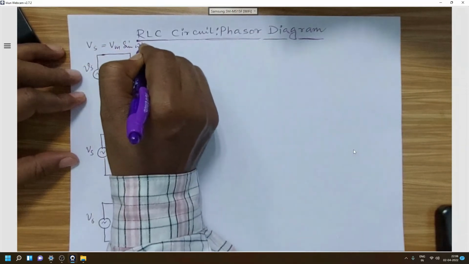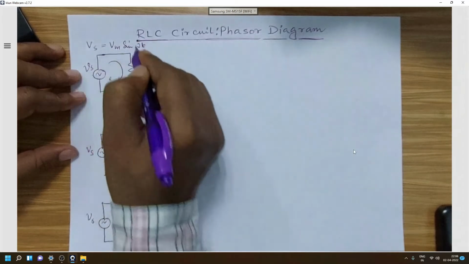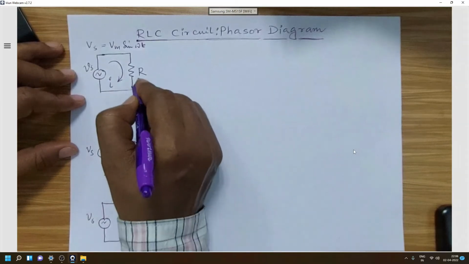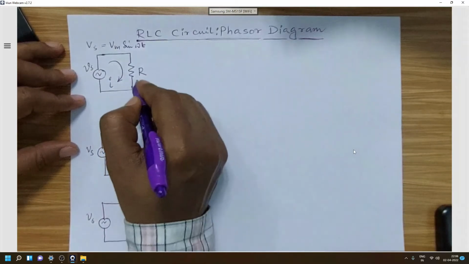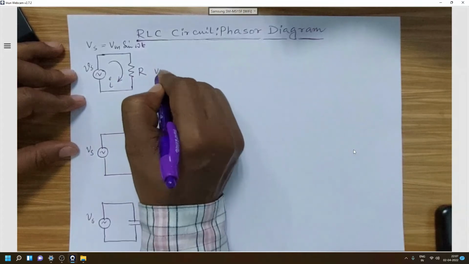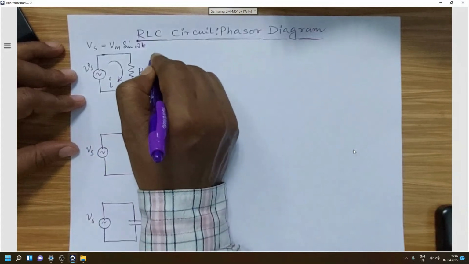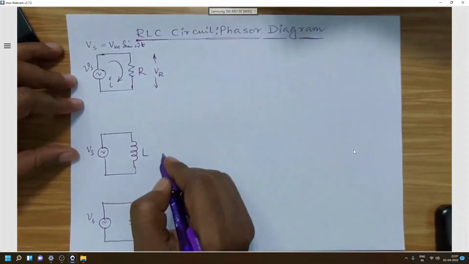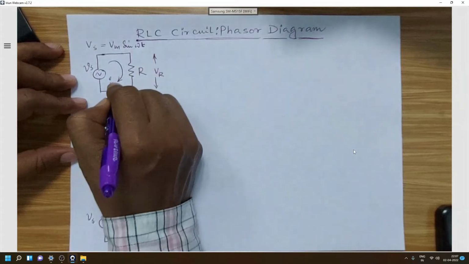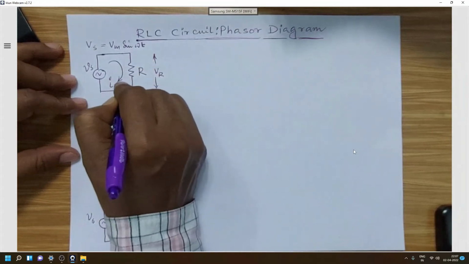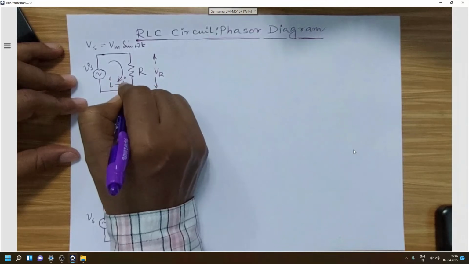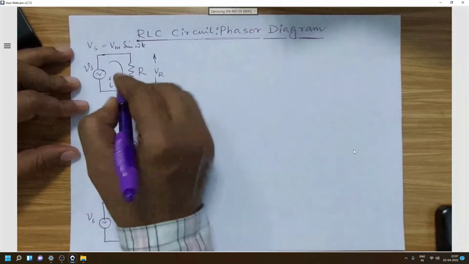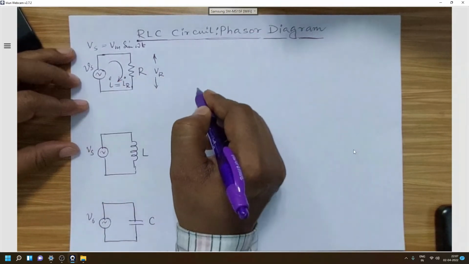So it is considered that one sinusoidal voltage is applied across a pure resistive element whose resistance is R. Now let us consider the voltage across the R, that means the voltage drop across R is VR. So here we will see that the current passing through this resistance, if it is IR, so the source current and the load current will be same because it is a series circuit. So we will see that I equal to IR for this case.